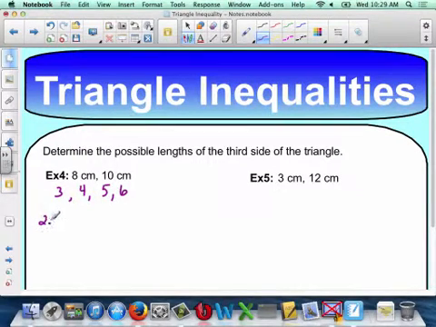Well, what about 2.4? Yeah, because 8 plus 2.4 is 10.4, which is greater than 10. So what about 2.1? Yes, 10.1. What about 2.00001? Yes. Okay. What about 15?